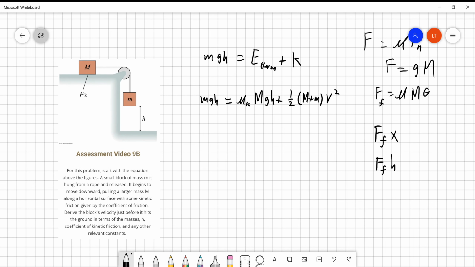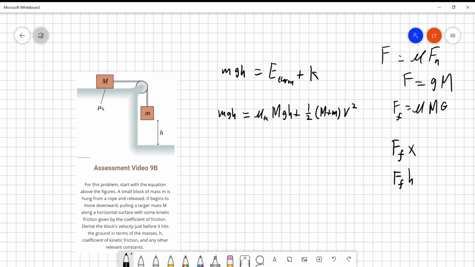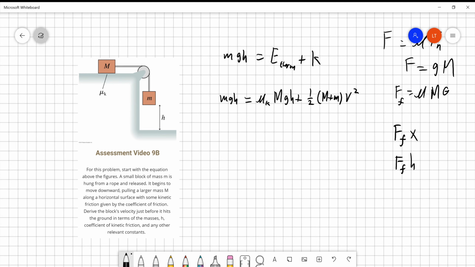Now for kinetic energy, it's 1/2 mv squared, but we need to take into account both masses in this system because they move as one. And just to clarify, this question asks the velocity just before it hits the ground.